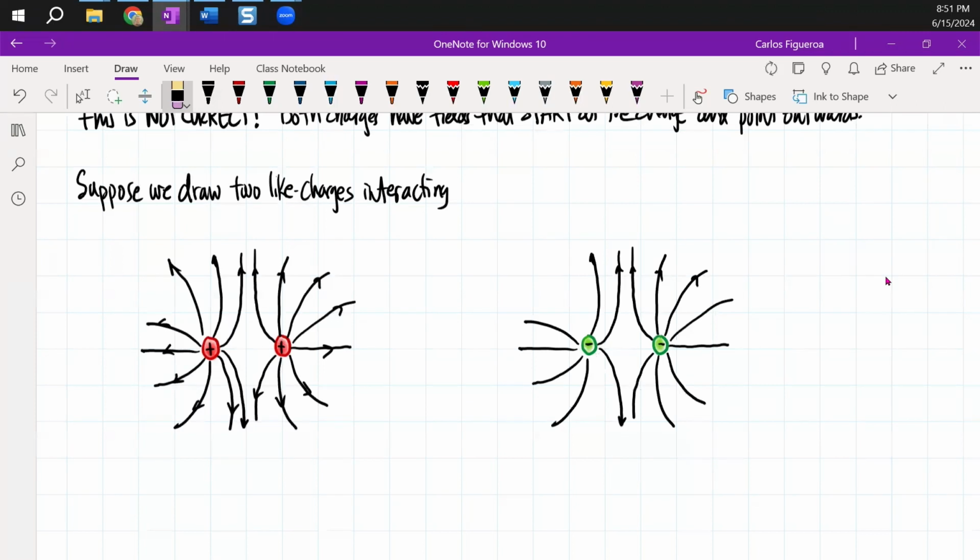So the only thing I have to change here is the direction of the field. When I look at this, the fields look like they're coming in from infinity.